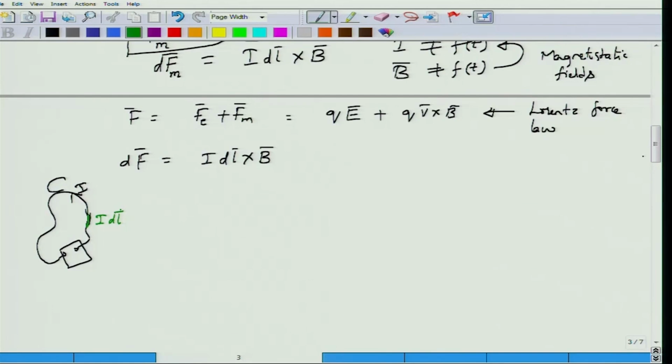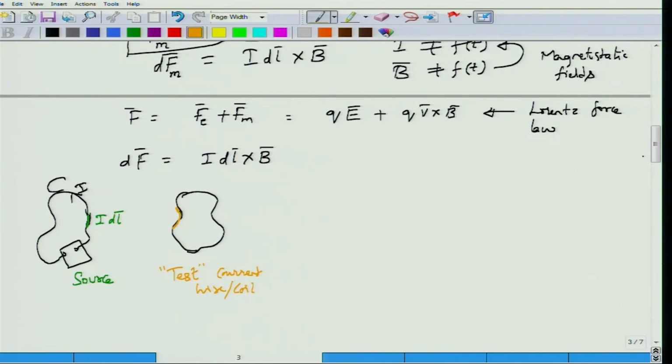Then we found out what the force is if there is one more current carrying wire here, the force of this one onto the other current carrying wire. It has to be another current carrying wire in order to experience this force. So what we are essentially looking at is this as the source, and this is your test current wire or a coil.